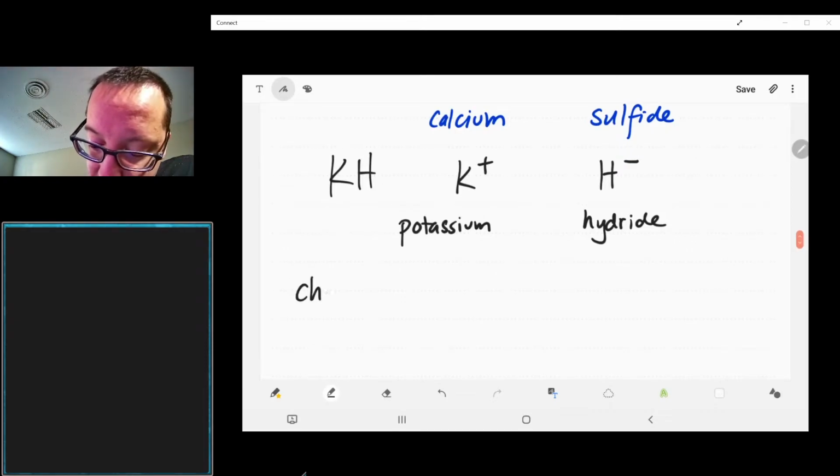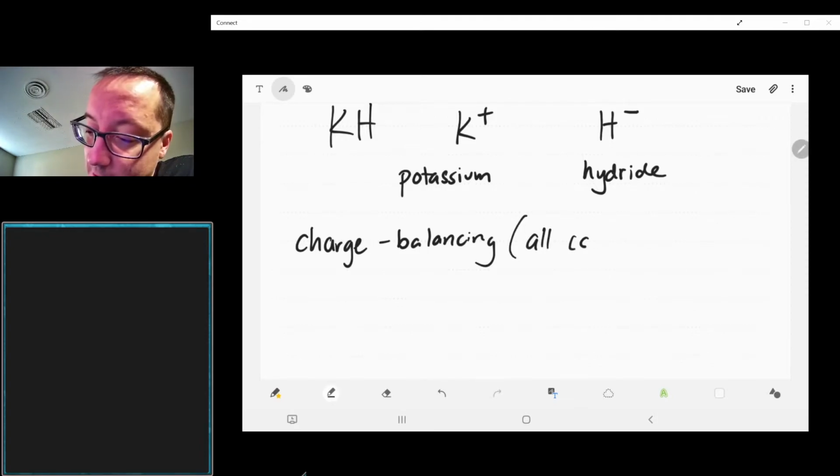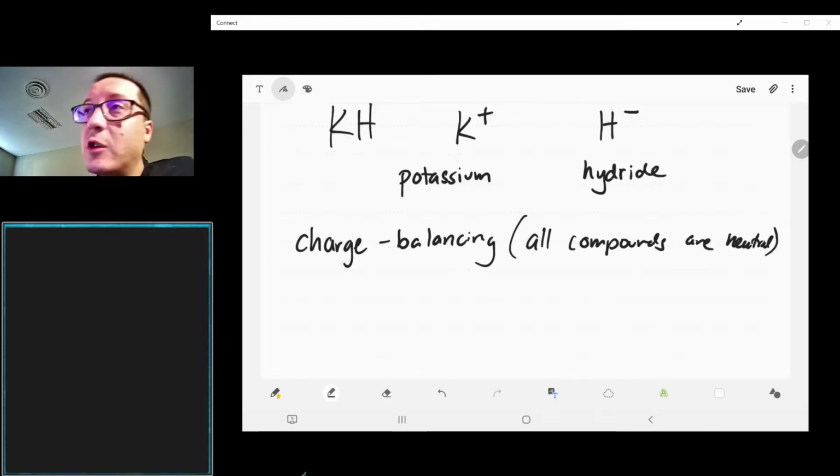This is a process we call charge balancing. And we use it to make sure that our ions will balance each other out. For all ionic compounds, actually all compounds in general, are neutral. So there's no overall charge for any compound.